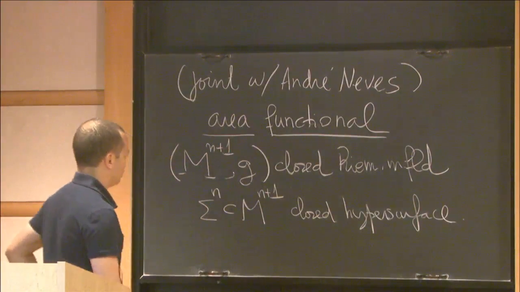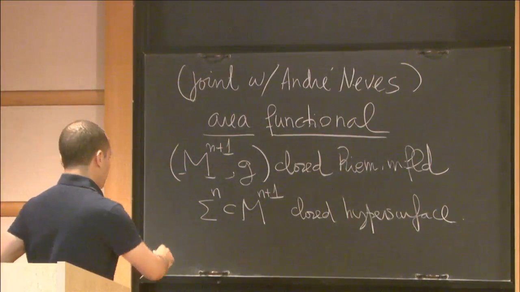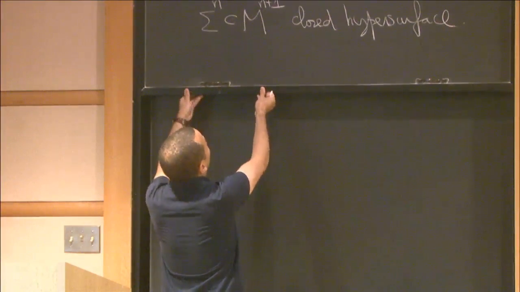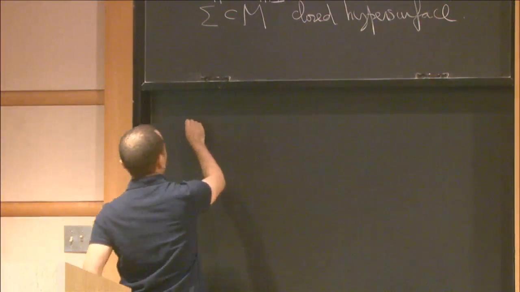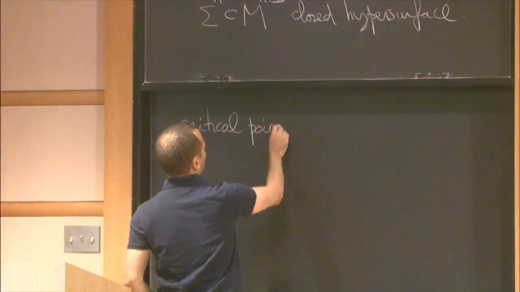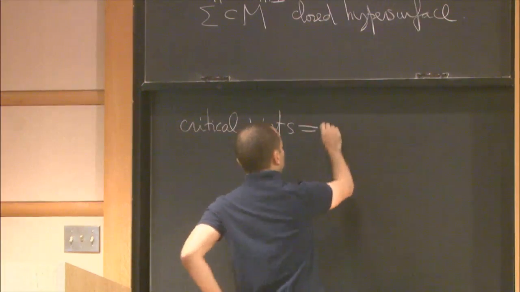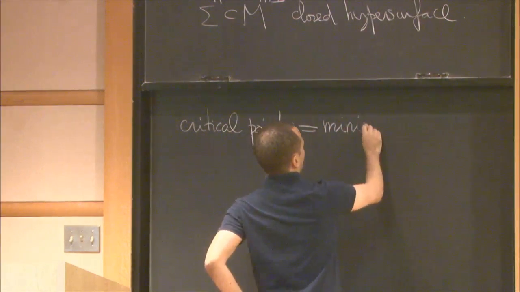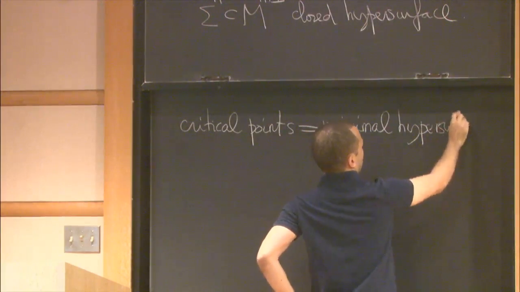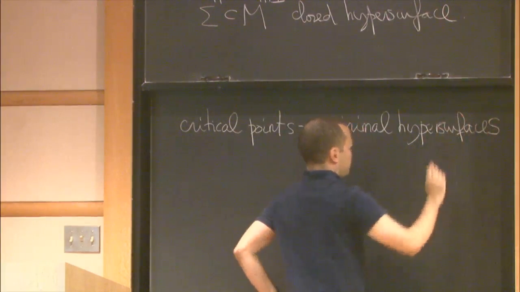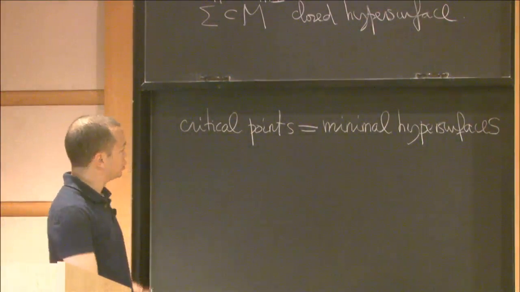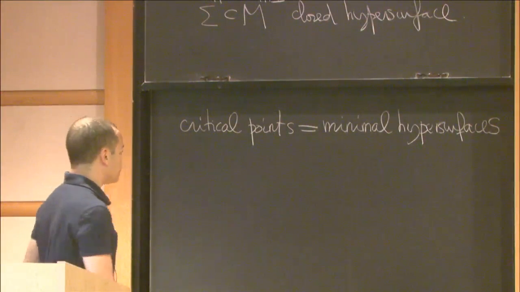inside some Riemannian manifold. And of course, the critical points of the functional are called minimal hypersurfaces. They can be characterized as being hypersurfaces with vanishing mean curvature.